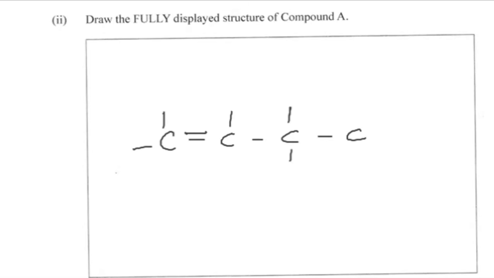Our carbons must be taking part in 4 bonds, so we ensure that we don't include them in 5 and we dress them up. We ensure that they all have the correct number of hydrogens. So this would be the fully displayed structure of compound A, C4H8. We could have drawn it with the carbon-carbon double bond at carbon number 2. All right, so that's another alternative.